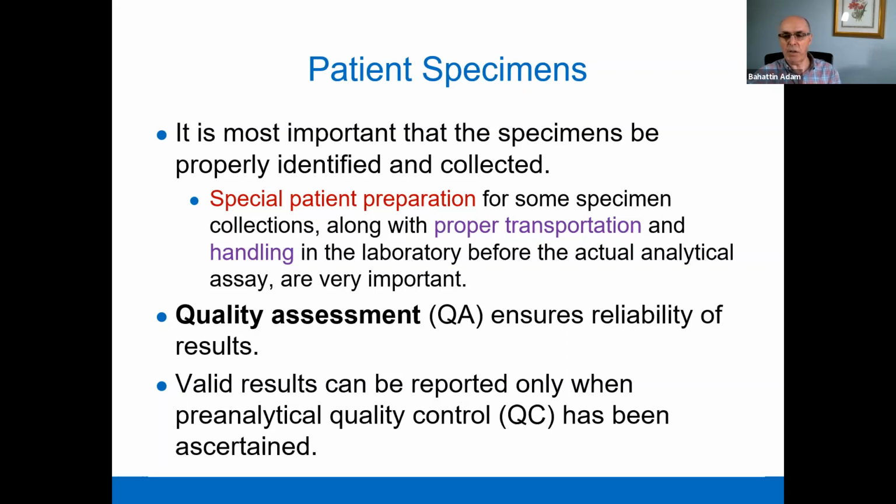It is the total quality of the test that you are performing in the labs, and valid results can be reported only if the pre-analytical quality control has been ascertained. That means the pre-analytical process is really important in the total quality of the test result.